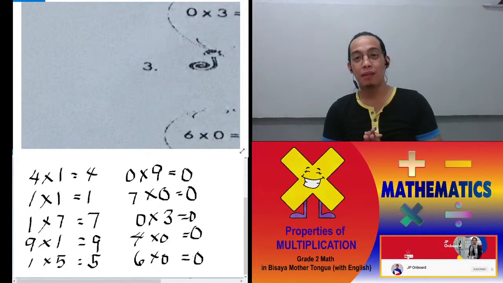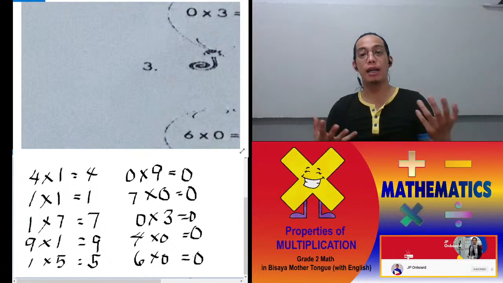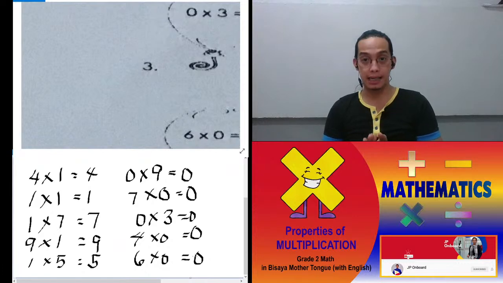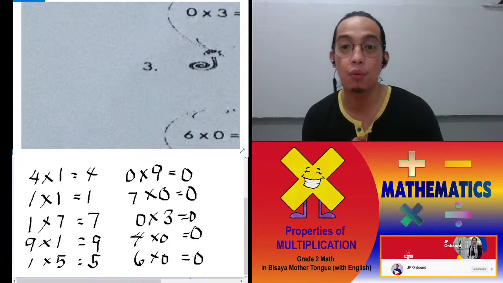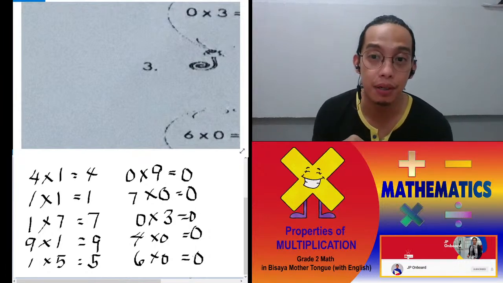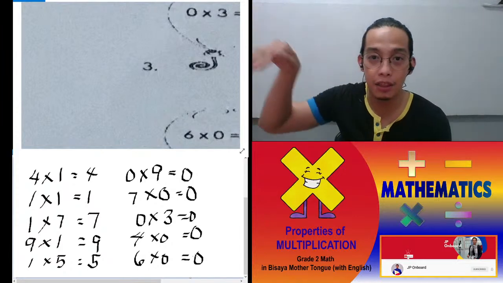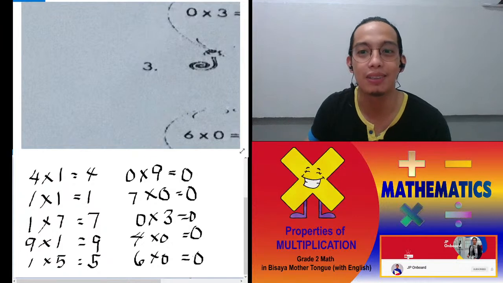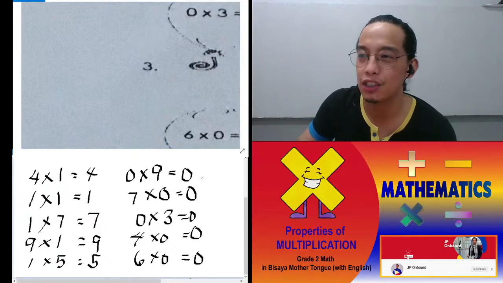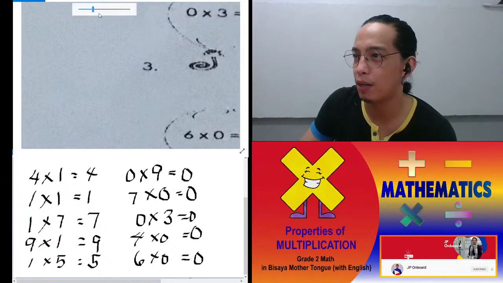And the multiplication by 1 property says that any number multiplied by 1 is the same number. Another example there, 4 times 1 is 4, and so on.